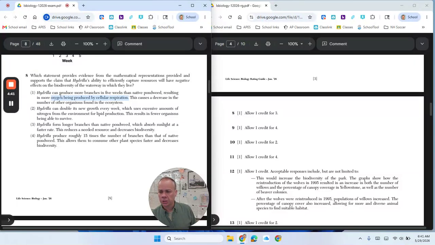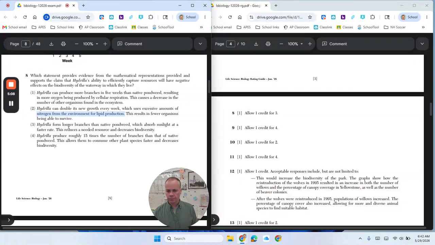Cellular respiration doesn't produce oxygen, it consumes oxygen. So we know that number 1 is incorrect. If you're using process elimination, which I would suggest, you could cross that off. Number 2: hydrilla can double its new growth every week, which uses excessive amounts of nitrogen from the environment for lipid production. That is the part that makes this incorrect. Lipids do not contain nitrogen, so that's wrong.